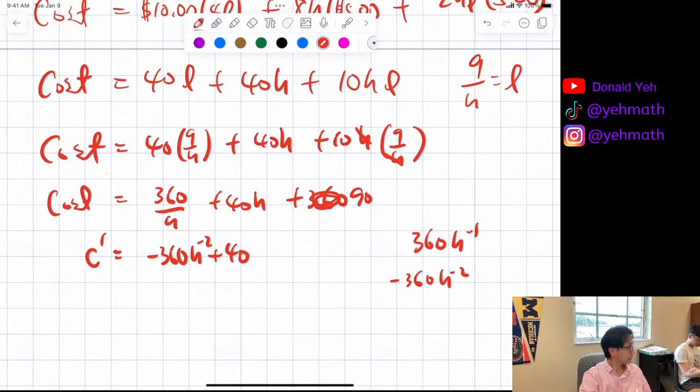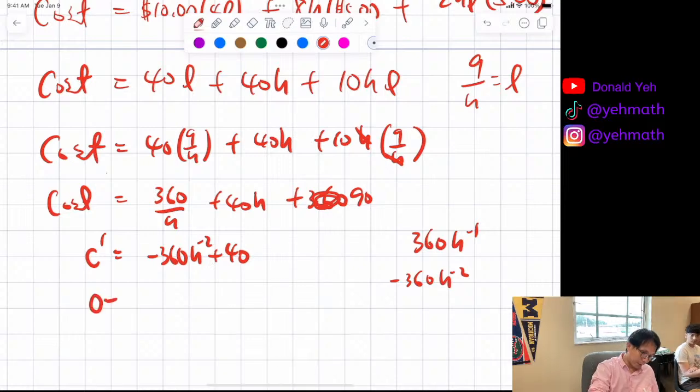Everything else is okay? Okay, so 0 equals negative 360 H to the negative 2 plus 40, so 360 over H squared equals 40.